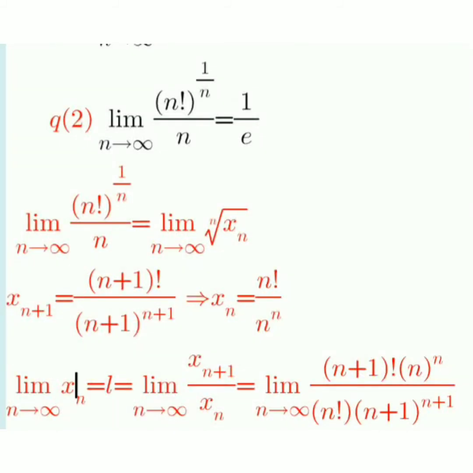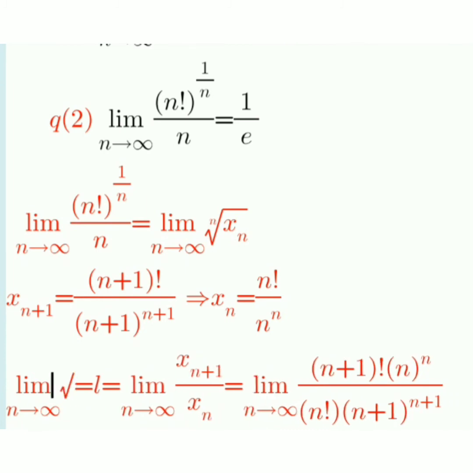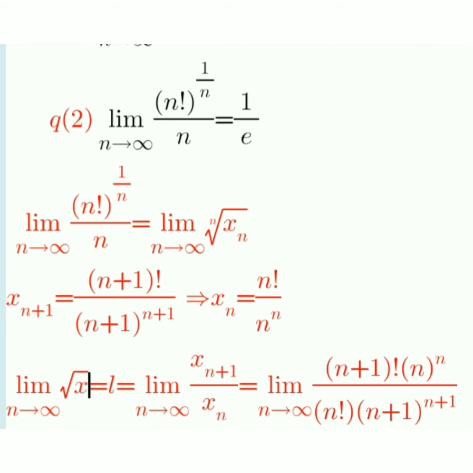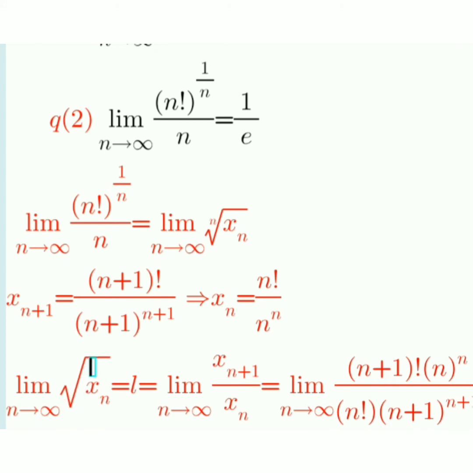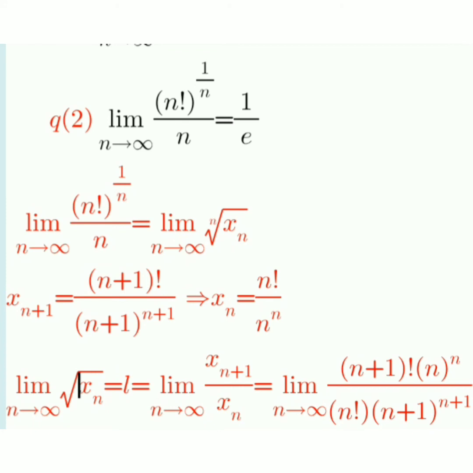Here is also one mistake, a great blunder, that it should be xn, and it should be n, and this is the main value of L, and this value is limit n tends to infinity nth to the power xn, and it can be written as 1 by e.